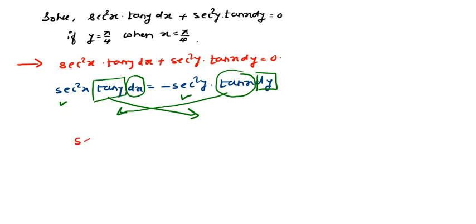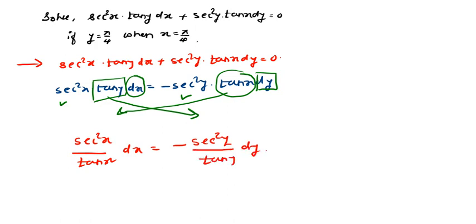This will be sec square x upon tan x dx is equal to minus sec square y upon tan y dy. Okay, now this is in variable separable form. If you observe here, this is a function of x dx and this is a function of y dy. So we can find its solution by just integrating on both sides.